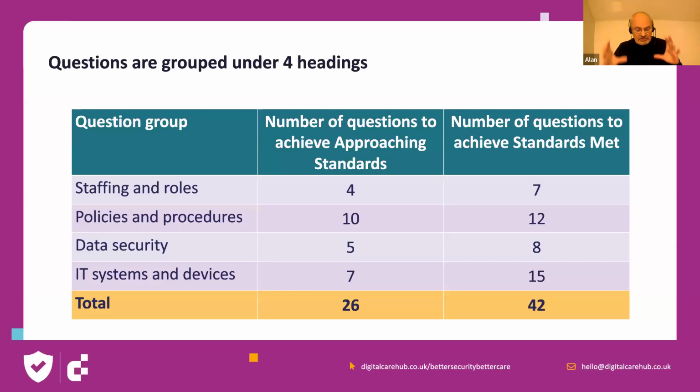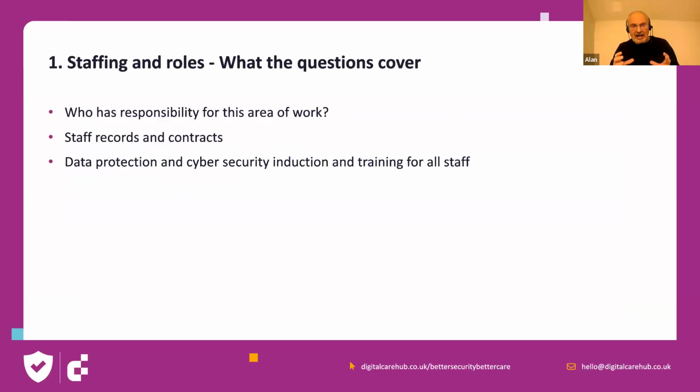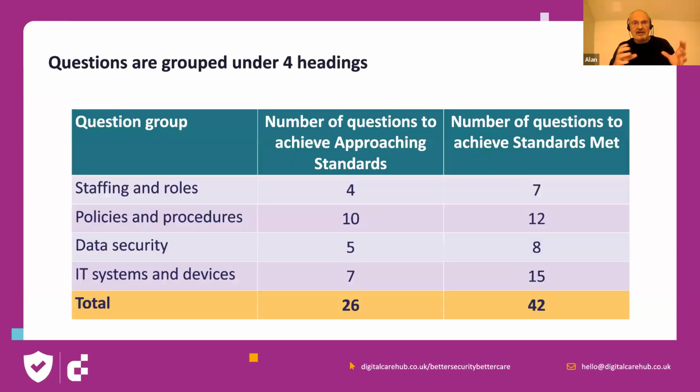Within each of those sections, the staffing and roles section asks about having, can we just go back one, please, Rihanna? Thank you. The staffing and roles section asks about having a named person responsible for this area and that you have appropriate training in place covering data security and protection.